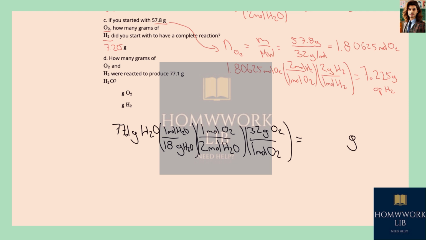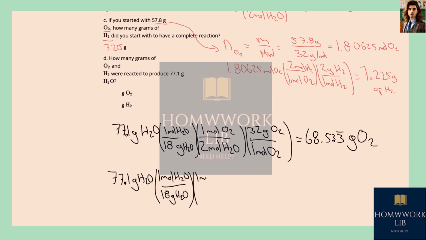So the grams of oxygen that we require is going to be equal to 68.533 grams of O2, with the 33 repeating. And in the case of hydrogen, we're going to do the same procedure. We are going to begin with grams of water. We are going to transform grams of water into moles of water.